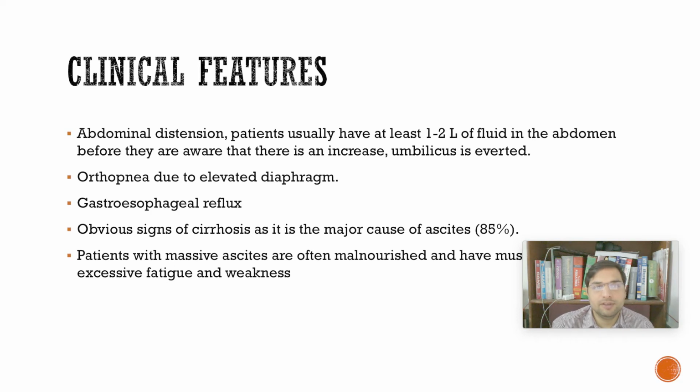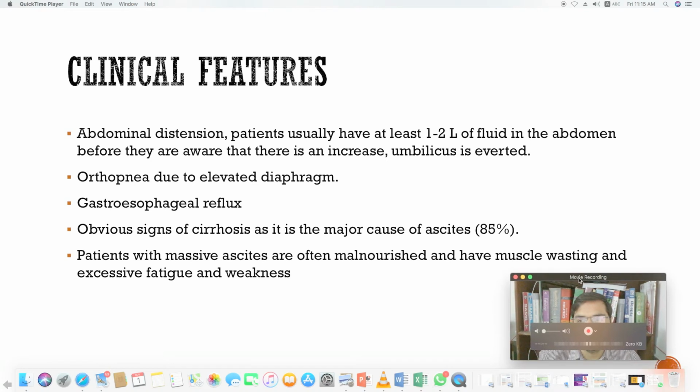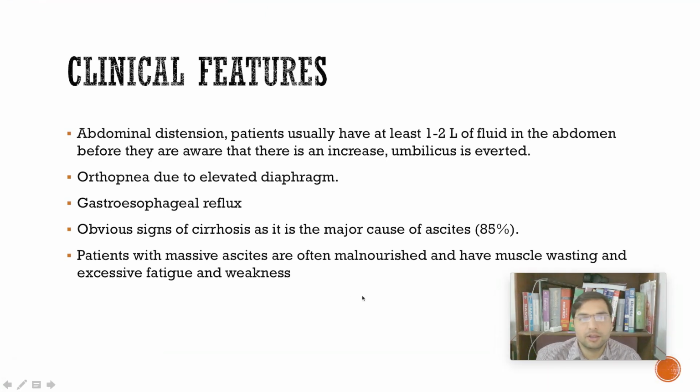Then clinical features. The first very obvious clinical feature is a distended abdomen, right? If the abdomen is distended, then the umbilicus will become everted, it will come out like a pouch, like a balloon. Then second is orthopnea, because there is so much fluid in the abdomen that it elevates the diaphragm and the person has difficulty in breathing.